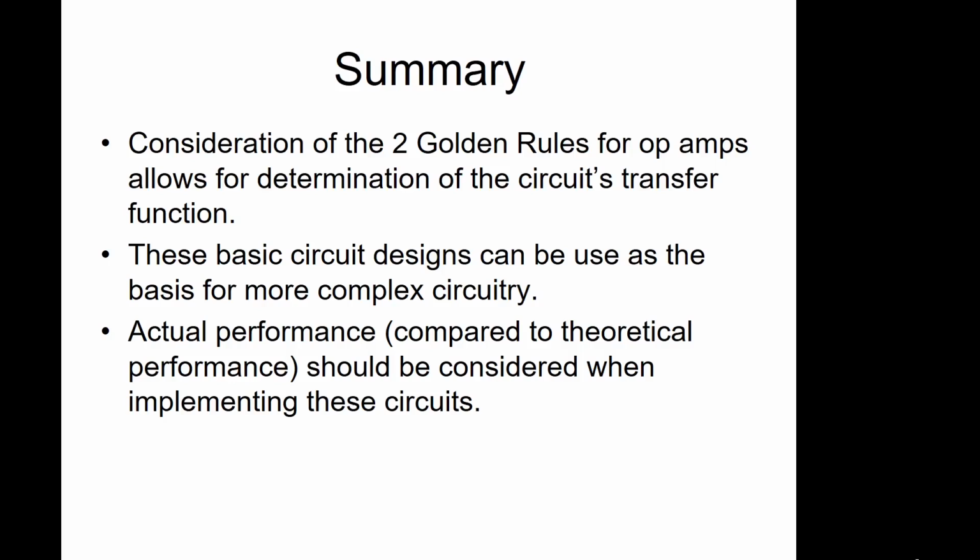So to summarize today's videos, we've looked at op-amps, and if you consider the 2 golden rules, that is, in negative feedback, the output tries to make the input difference 0. And the second rule is the op-amp doesn't draw any current from the inputs.